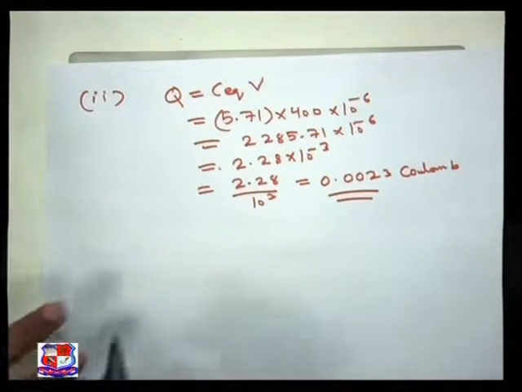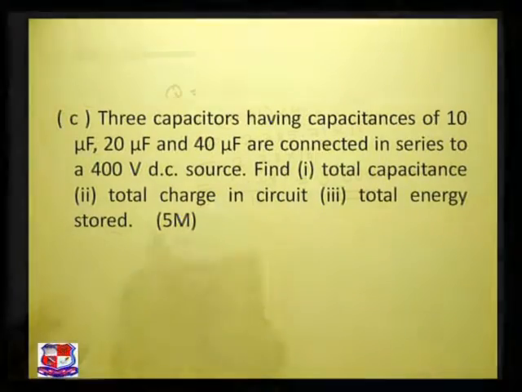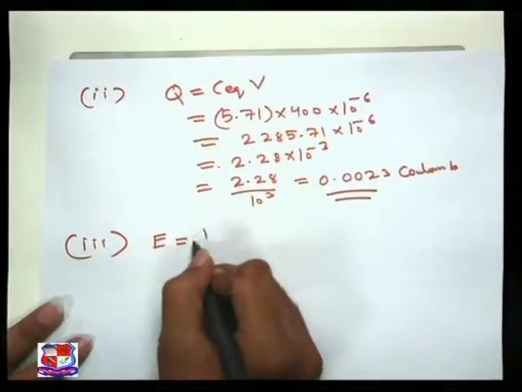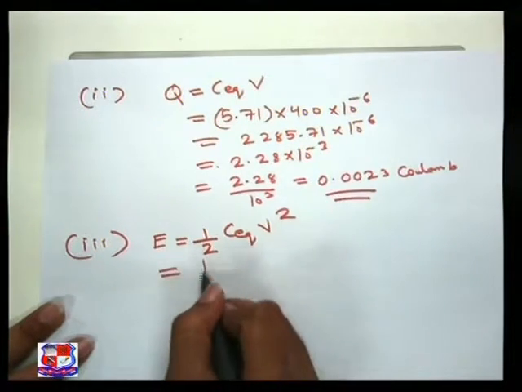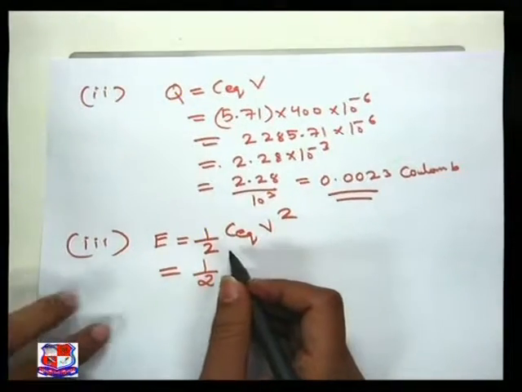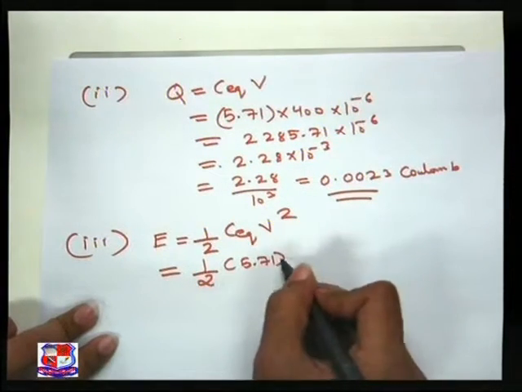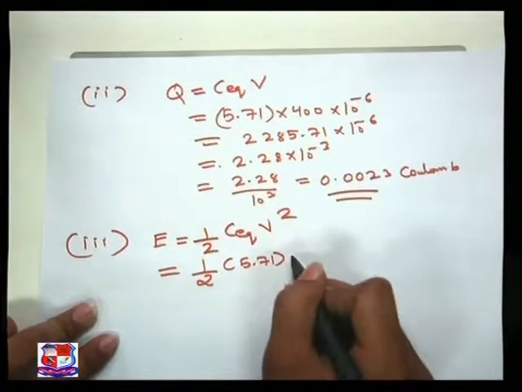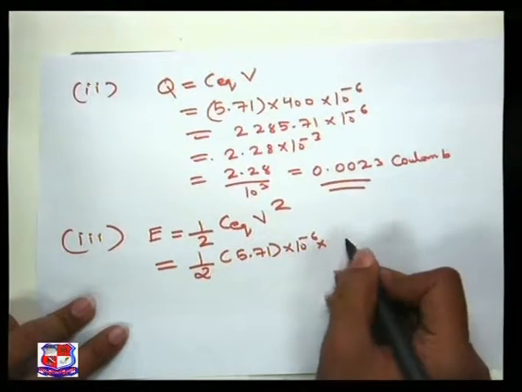Now the third part asked is total energy stored. The equation of total energy across the capacitor is half C equivalent V squared. We have already calculated C equivalent, which is 5.71 microfarad, and V is given as 400 volt.